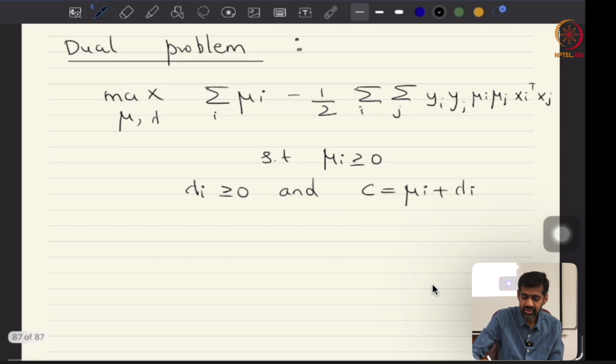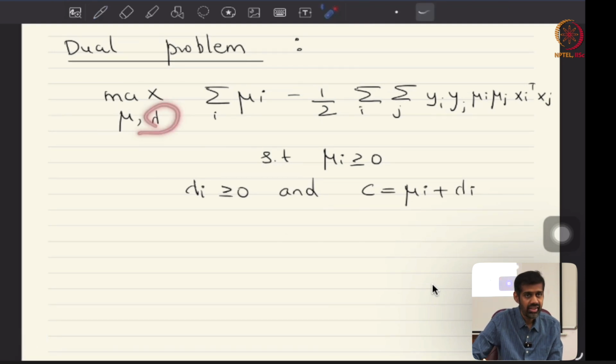Now the objective function is independent of lambda, right. So there is no need for us to have a lambda here; we can subsume this lambda being non-negative in this constraint itself. How do we do that?